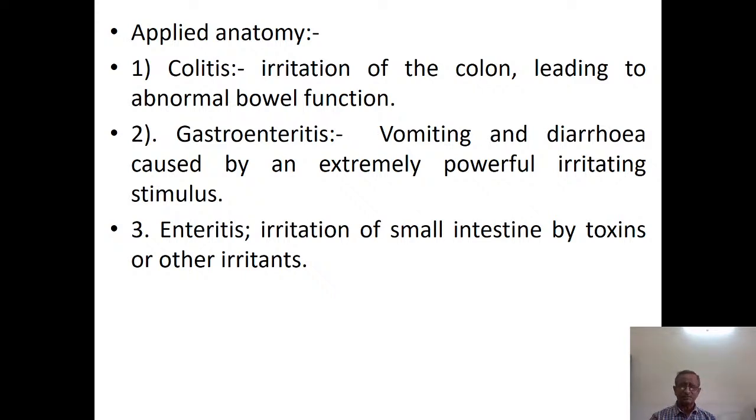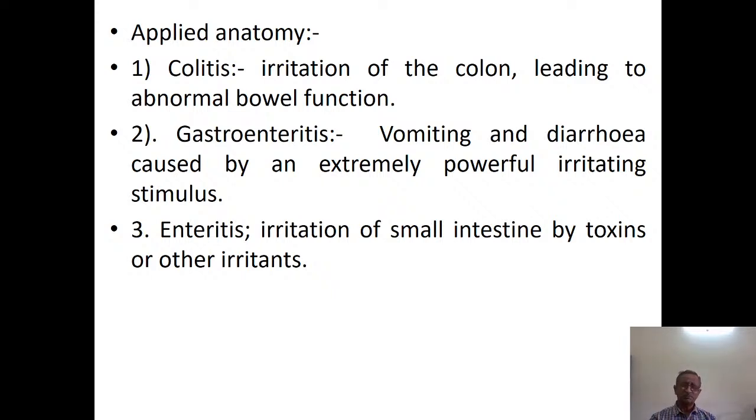Then gastroenteritis: vomiting and diarrhea caused by an extremely powerful irritant stimulus. Gastroenteritis means the gastric part, the stomach, the small intestine, or the esophagus onwards are irritated, as well as the large intestine, so that there is vomiting as well as diarrhea.